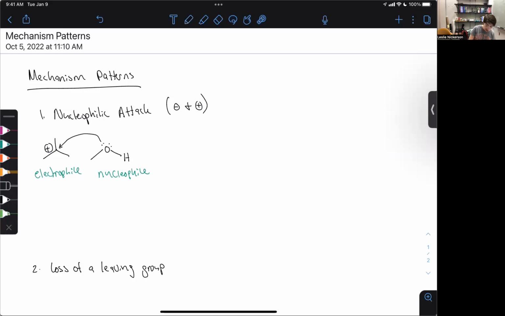We're essentially going to be sharing that lone pair between the oxygen and this carbon, so we're making a new CO bond. We want to make sure that anything I don't have arrows to, namely that H and the methyl over here, do not leave.